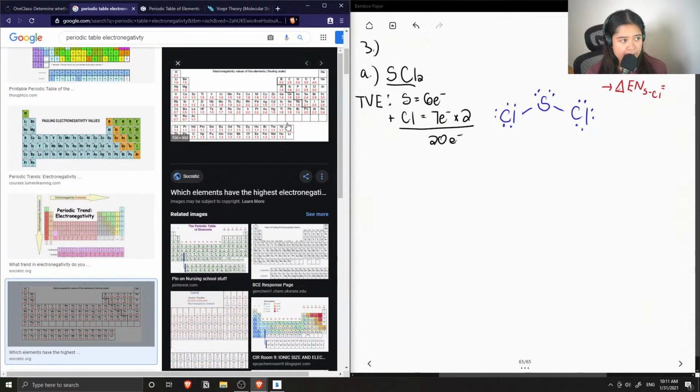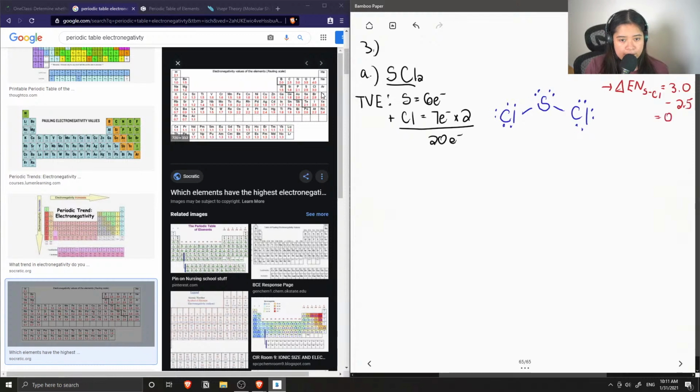So here's an electronegativity value periodic table, and if we find chlorine, it has an electronegativity value of 3, and sulfur's is 2.5.